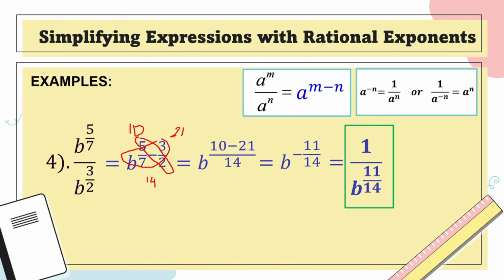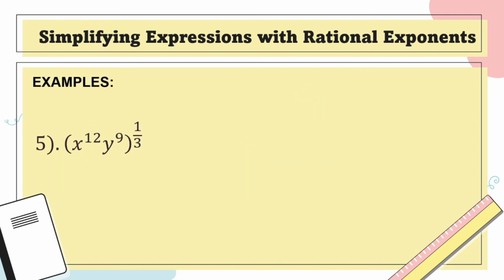For the last example in simplifying expressions with rational exponents, we have the quantity x raised to 12, y raised to 9, all raised to 1/3. The law of exponent we apply is to distribute the exponent inside the parentheses.